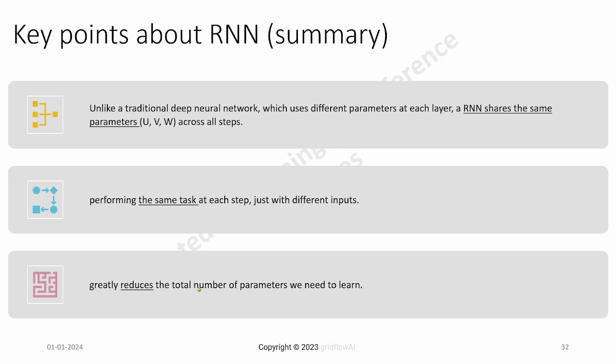And this also reduces the number of parameters that we need to learn from the data because you're going to copy the weights matrix for each time step. You need to compute the gradient and adjust the weights only once, and then we copy that to each time step. So these are the key points in terms of RNN models.